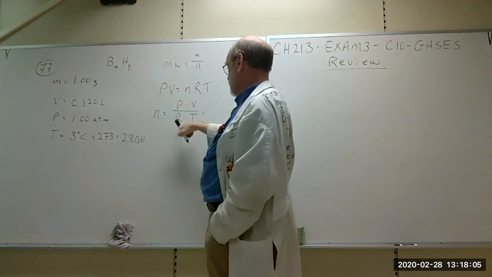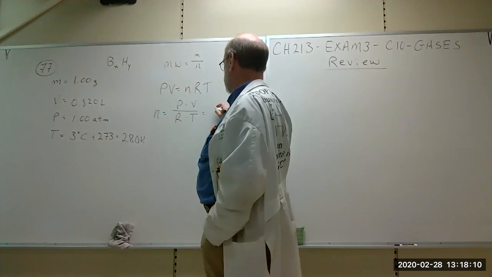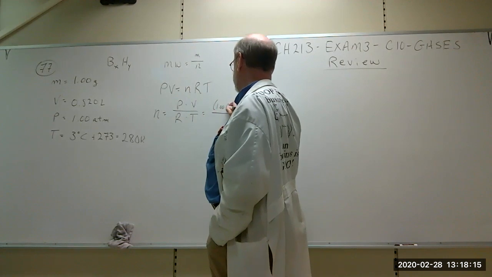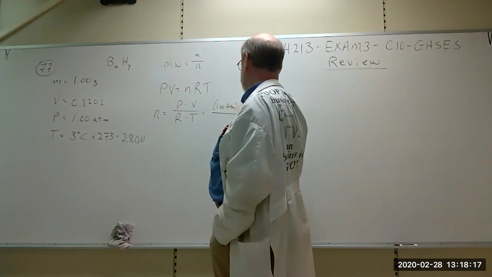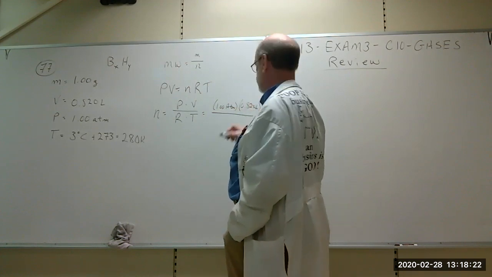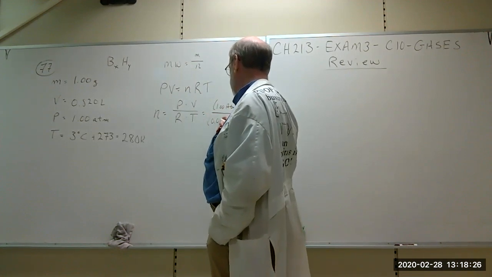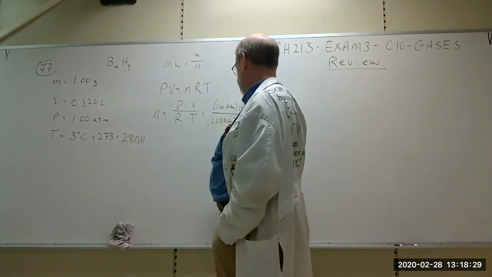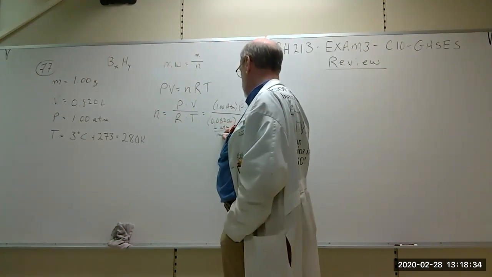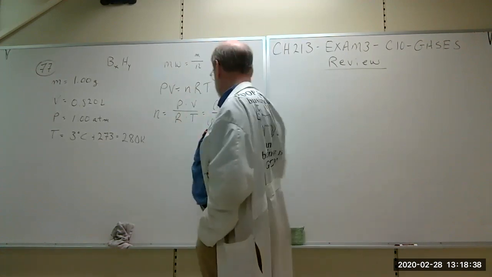Since R is in liter atmospheres per mole K, we need pressure in atmospheres. We need volume in liters. Okay. R value, 0.08206 liter atmospheres per mole K. And then temperature, 280.